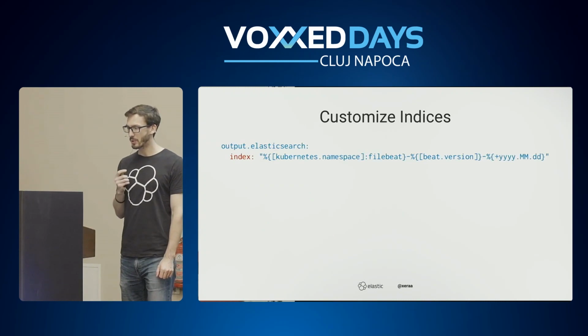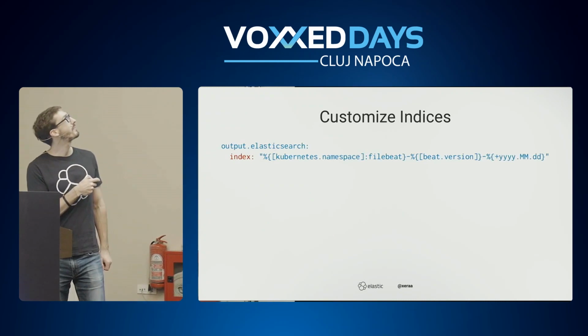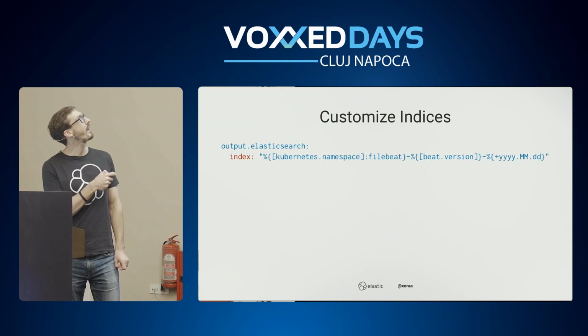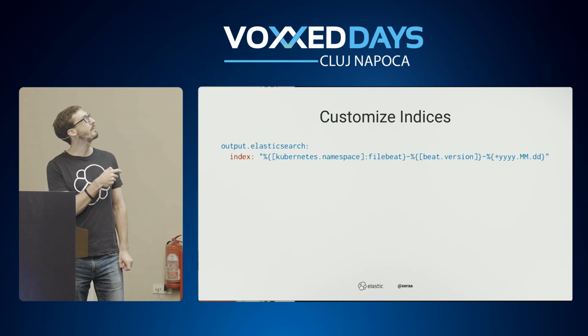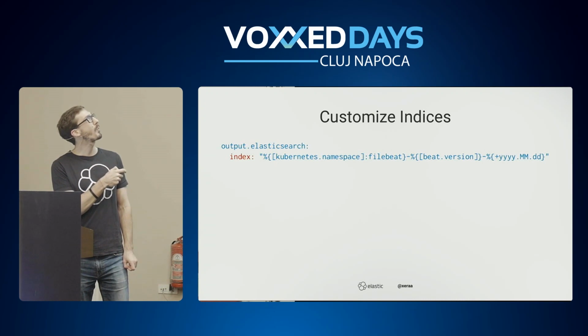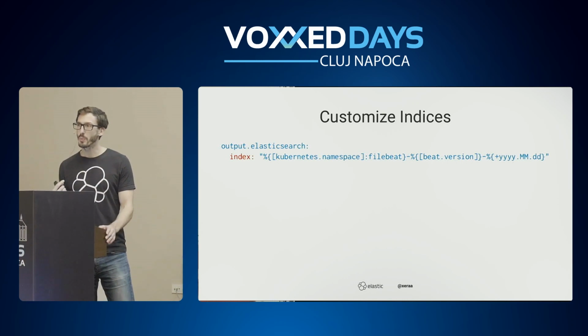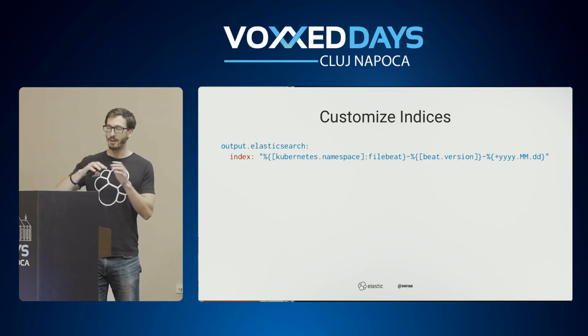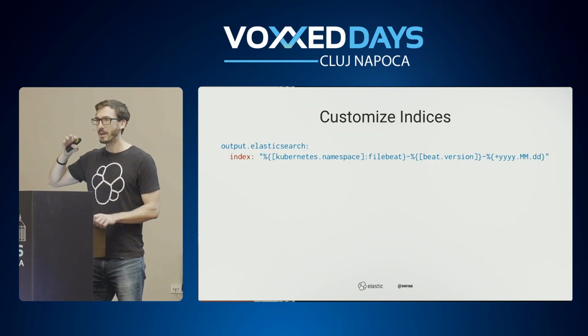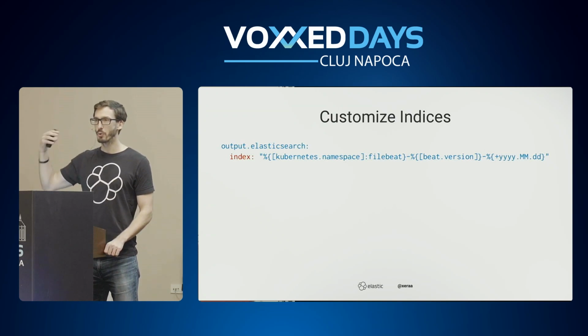One other nice thing that you can do is, here we're defining if we have a Kubernetes namespace, use that as part of the index name. Otherwise, if there is no Kubernetes namespace, that's the colon syntax, like if this one doesn't exist, then use Filebeat, and then the beat version and then the date pattern. So this way you could say, I want to have different indices, and every namespace I have in Kubernetes should go to a different index in Elasticsearch.